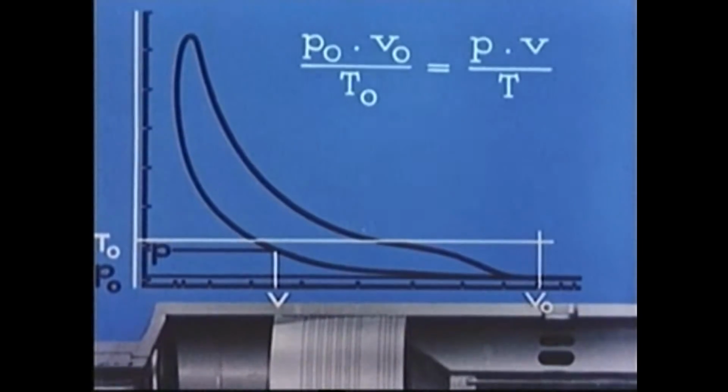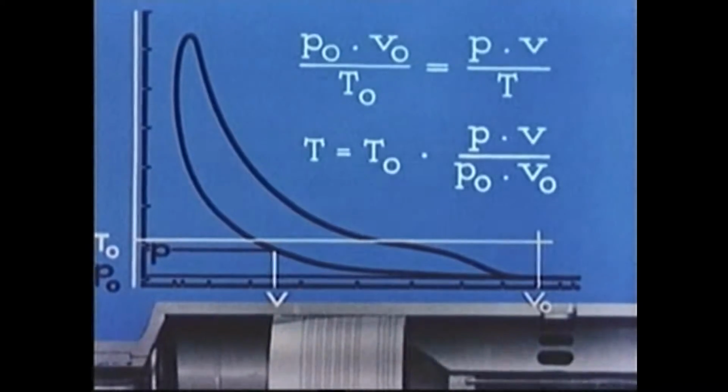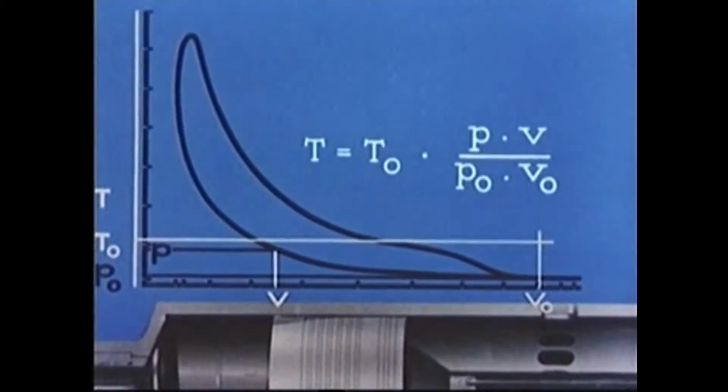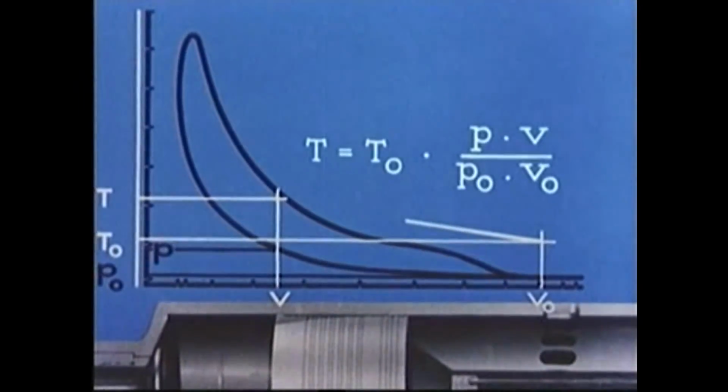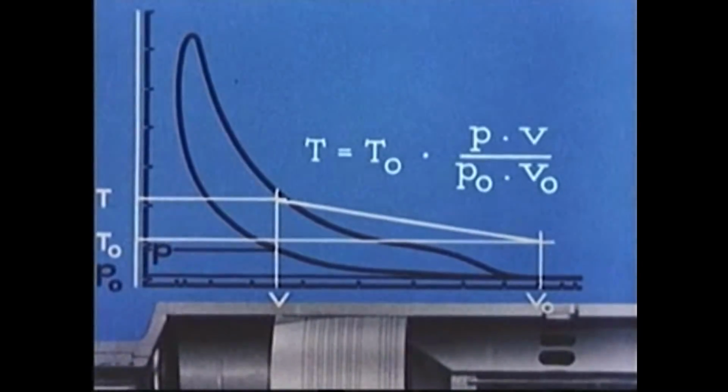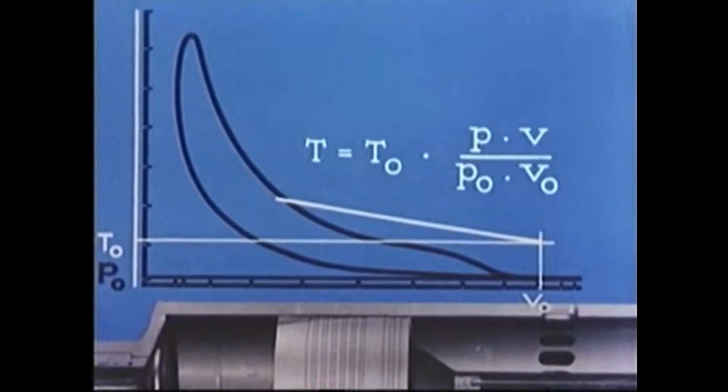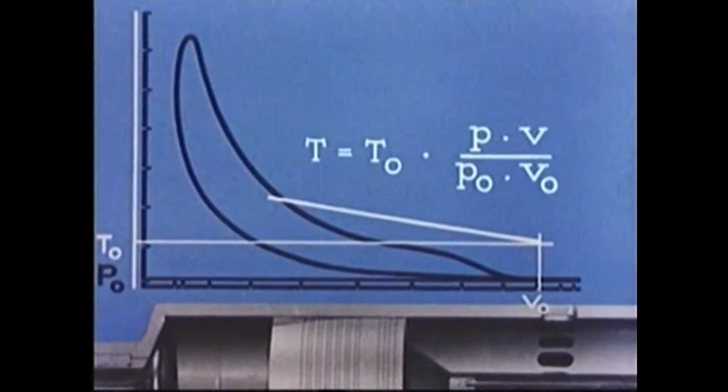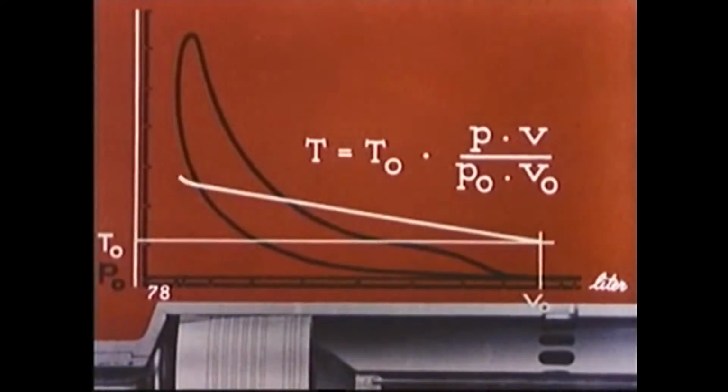The equation can be rearranged to express the temperature T direct for an arbitrary position of the piston. The indicator diagram gives us the values that are to be substituted in the equation when computing the temperature for the top position of the piston.